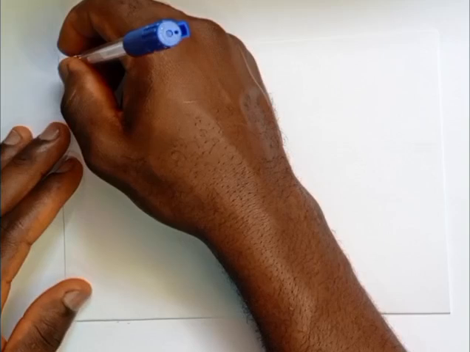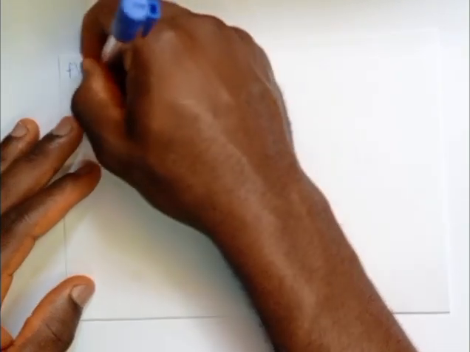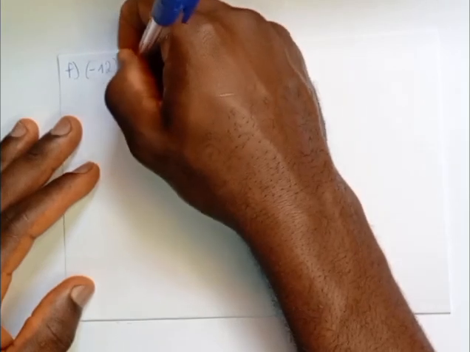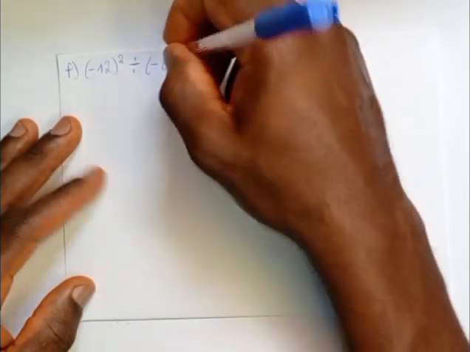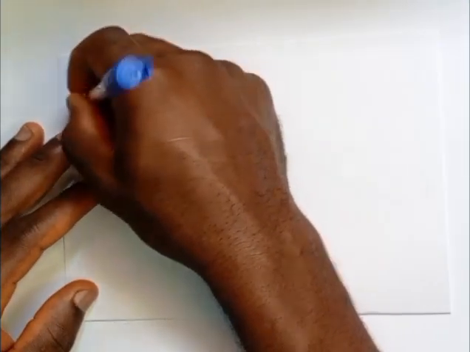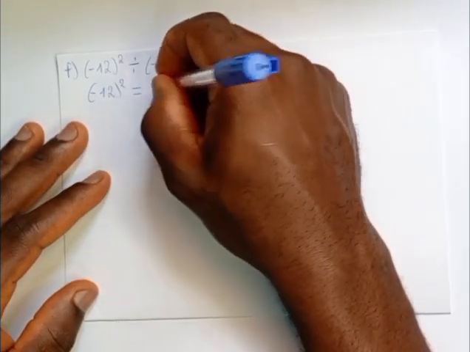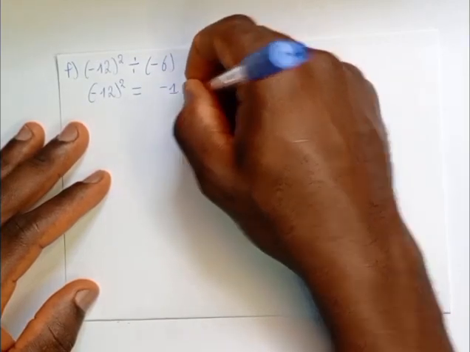We move now to question F. For question F, we have negative 12 all squared divided by negative 6. First, if we evaluate negative 12 all squared, it is simply equal to negative 12 times negative 12.